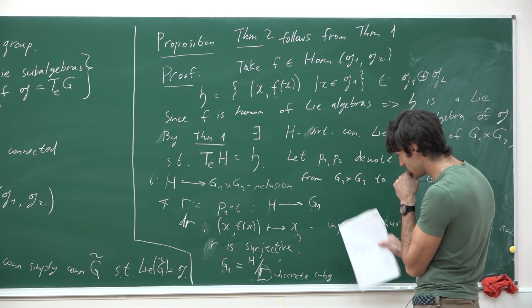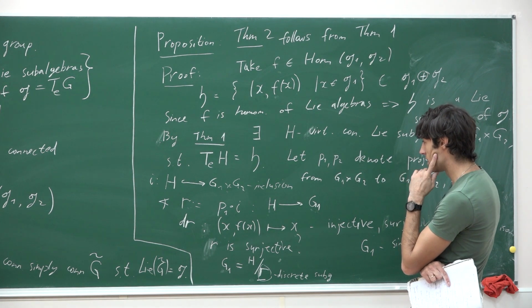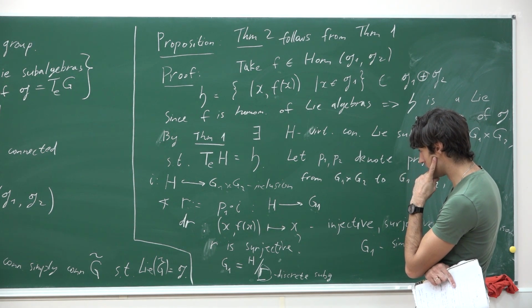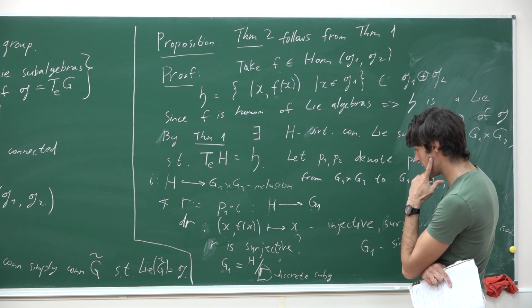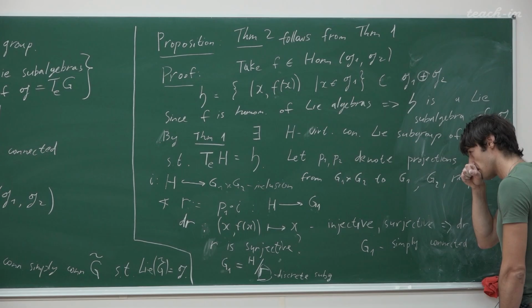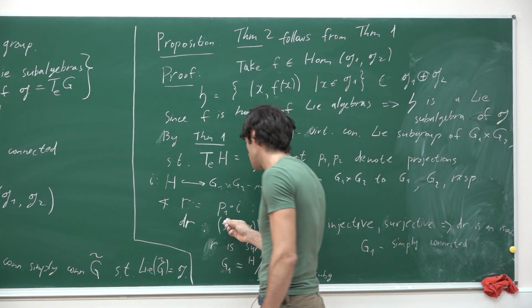Yeah, so for surjectivity, I really need to use the fact that G1 is connected.